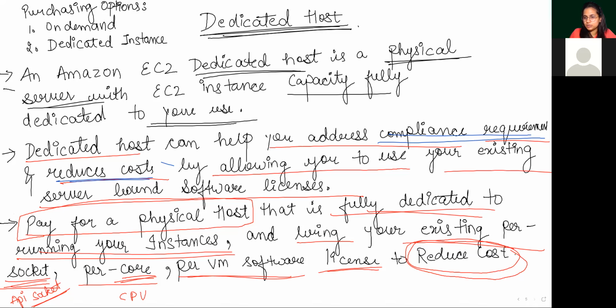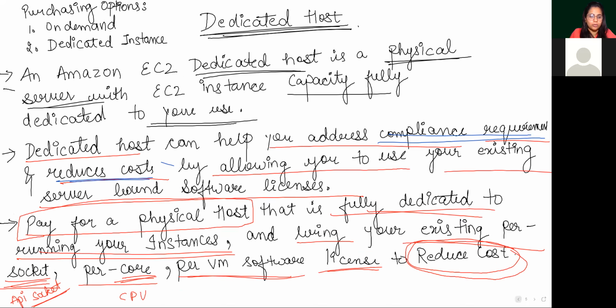Now the last type, I think, that is left. Dedicated host we have seen. Now we have spot instance.